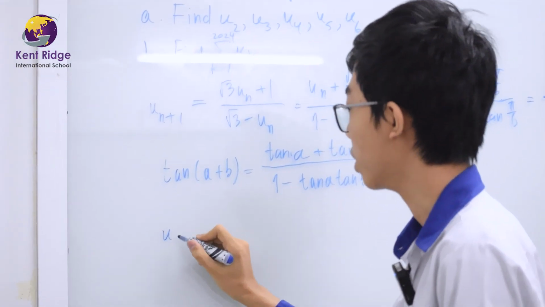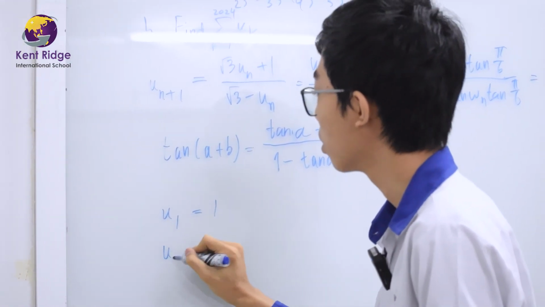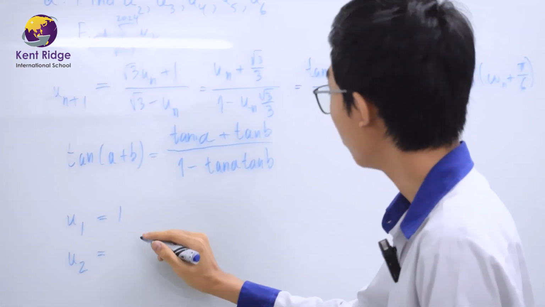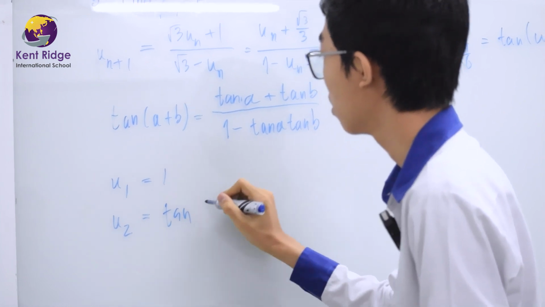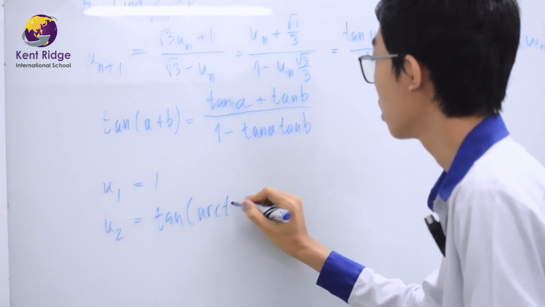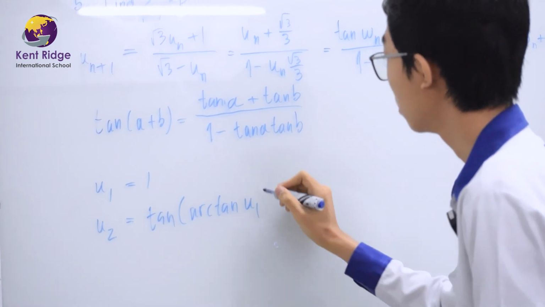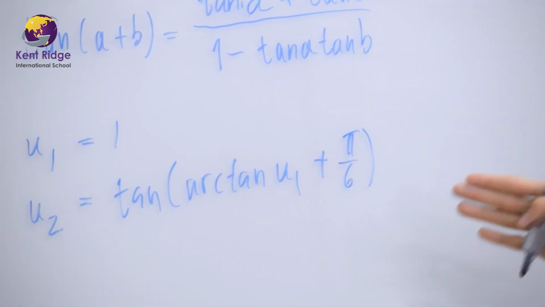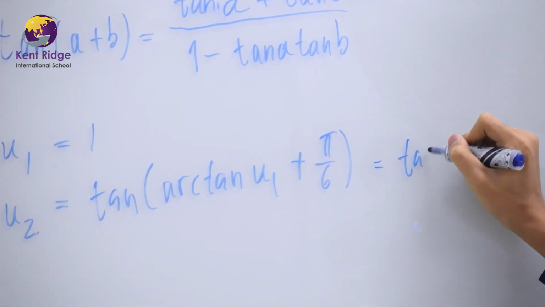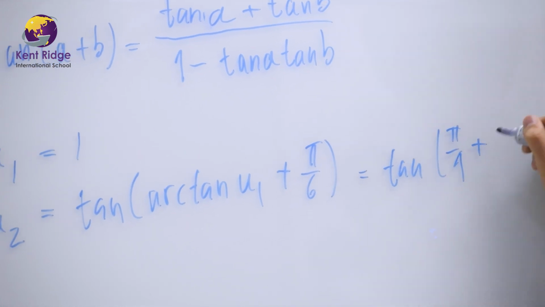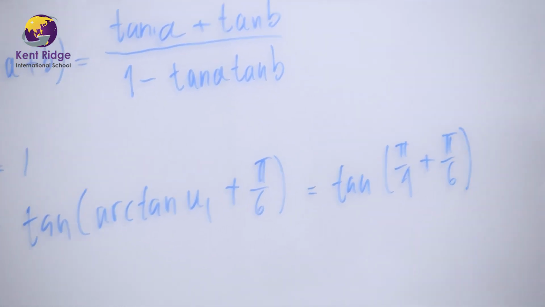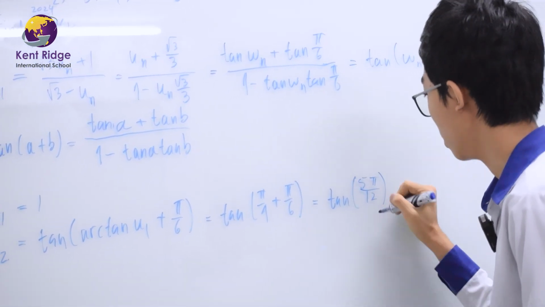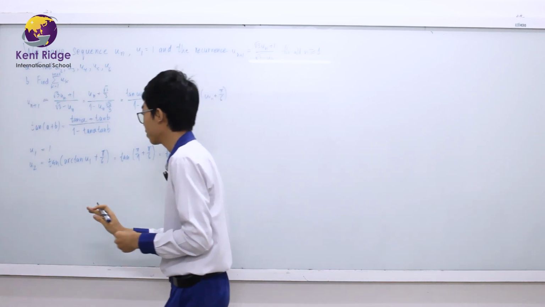First, we have u1, which we know is 1. Now u2: if we plug that in here, we get arctan of u1 plus pi over 6. What's going to come out of this is tan of pi over 4 plus pi over 6, which should be tan 5 pi over 12.